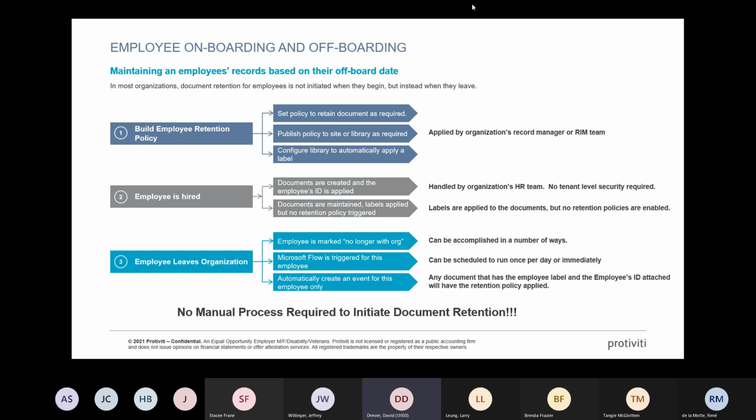An employee gets hired. The HR team is now dealing with all the documentation. It's maintained and labeled. In order to maintain the content retention periods, I don't want my records manager to always kick off events for different employees, because it can take time. And we have 100,000 employees for some of these big corporations. That can be happening all the time. They just can't keep up.